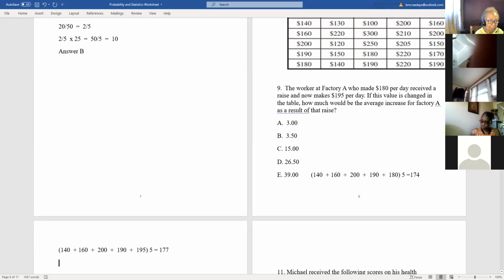Well, if we had 870 and 15, 885. I made a mistake. If you got 870 for your total with the 180, you just add the 15 to it because it went up by $15. 180 plus 15 is 195.